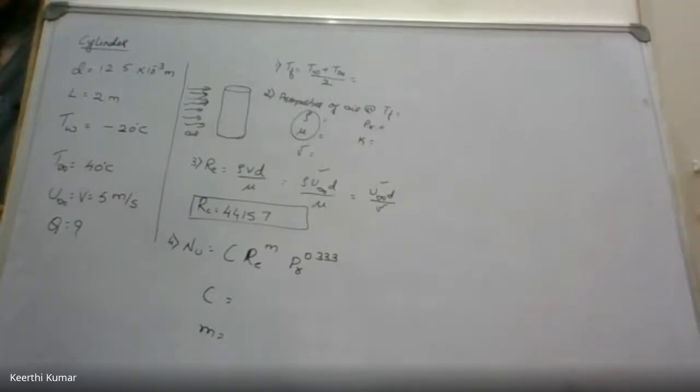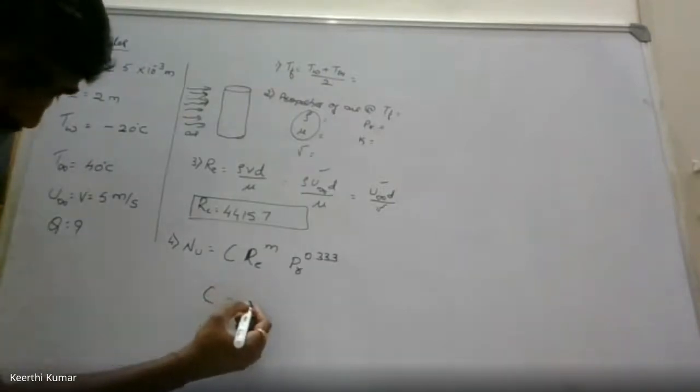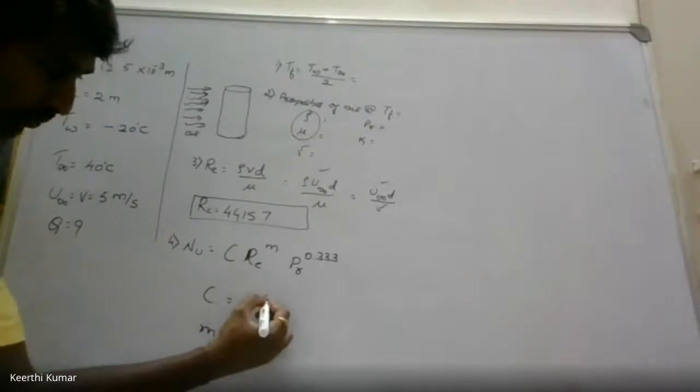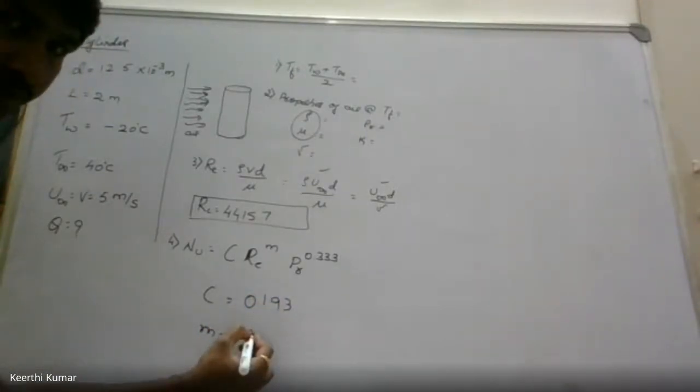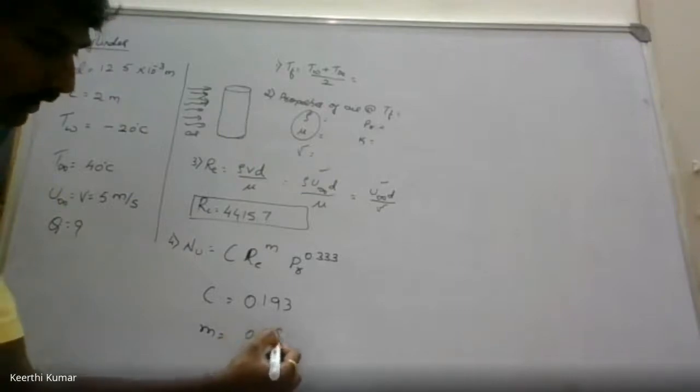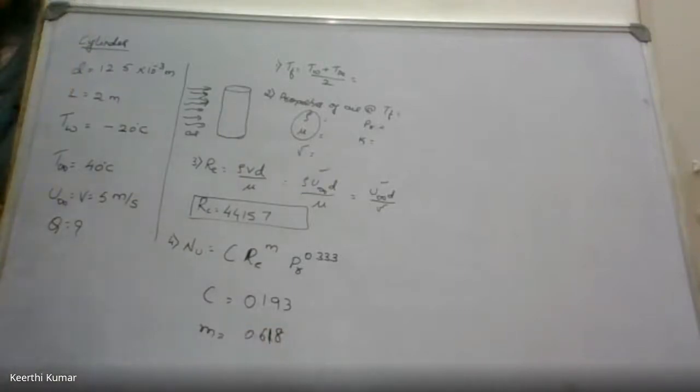Check out the fifth row of Reynolds number. That is in the range of 4,000 to 40,000. We are in the range of 4,000 to 40,000 now. So what is the value of C? C is equal to 0.193 and the value of m is 0.618. Anybody having doubt?